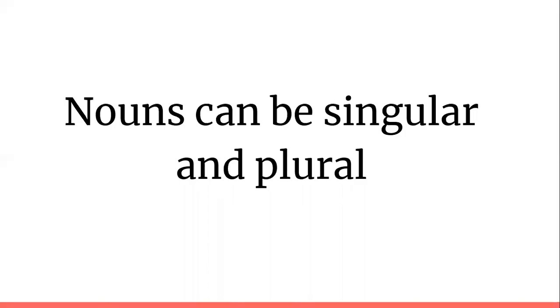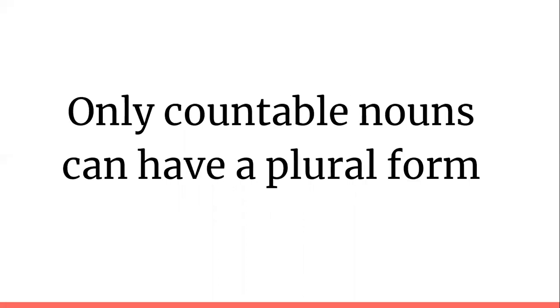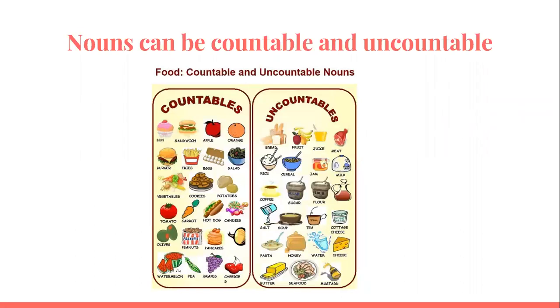Nouns can be singular as well as plural. Only countable nouns can have a plural form. So, nouns can be countable and they can be uncountable. If you just look at food, if you look at bun, you can say, I want 3 buns or 4 buns. But you cannot say how much bread do you have. Correct? Sugar, you cannot say 4 sugar, 5 sugar.